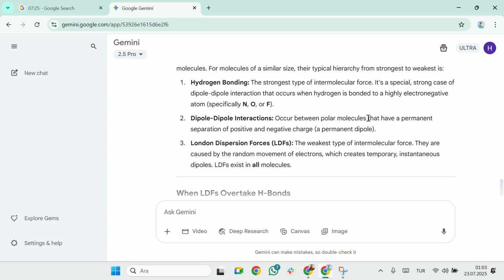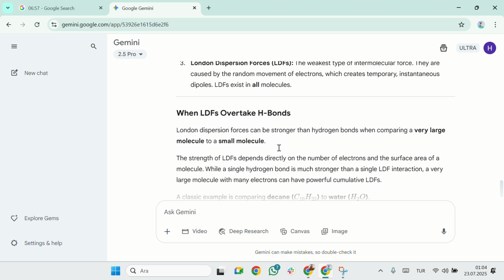Dipole-dipole interactions occur between polar molecules that have a permanent separation of positive and negative charge, a permanent dipole. London dispersion forces are the weakest type of intermolecular force. They are caused by the random movements of electrons, which create temporary instantaneous dipoles. LDFs exist in all molecules.